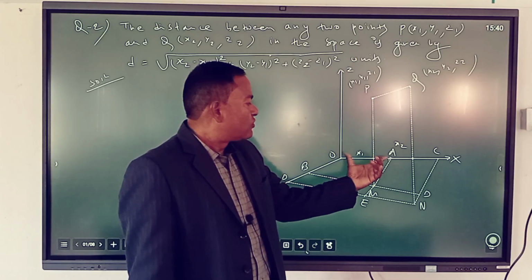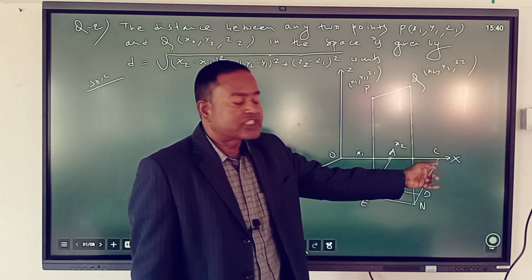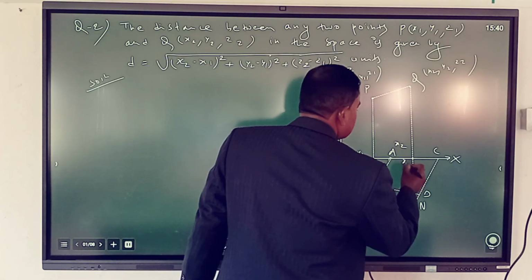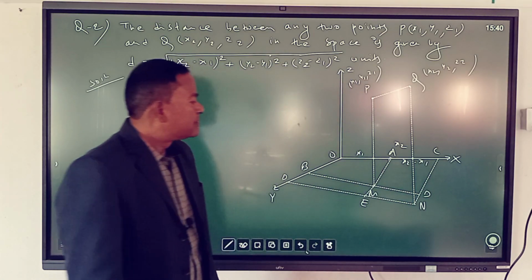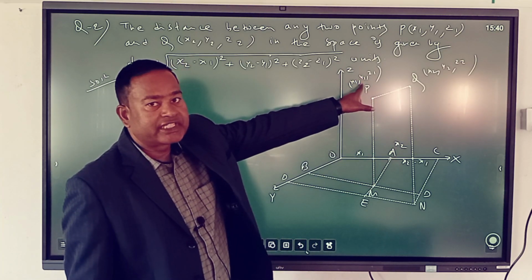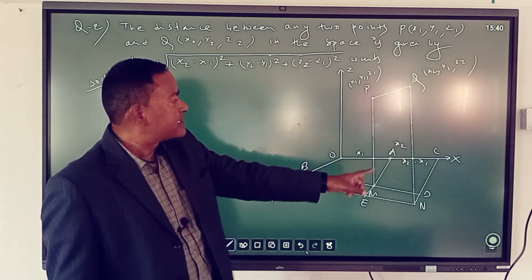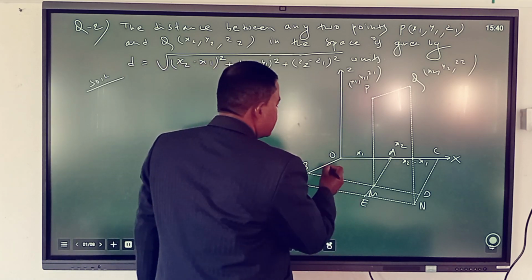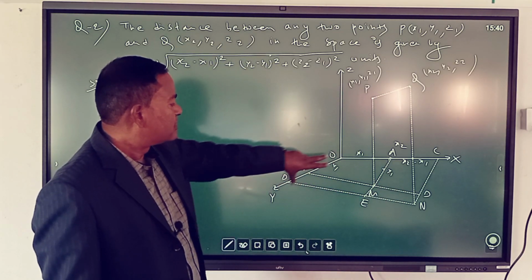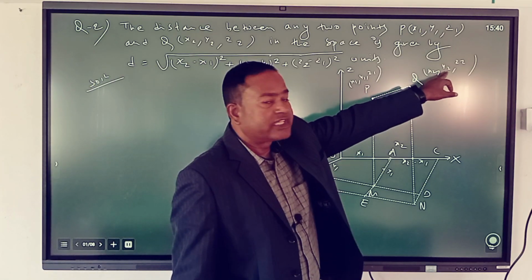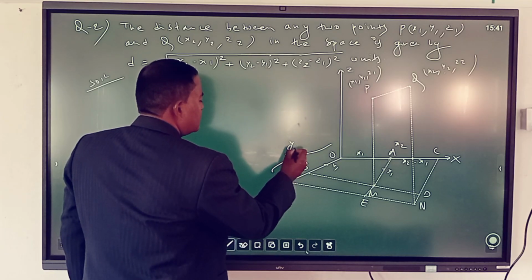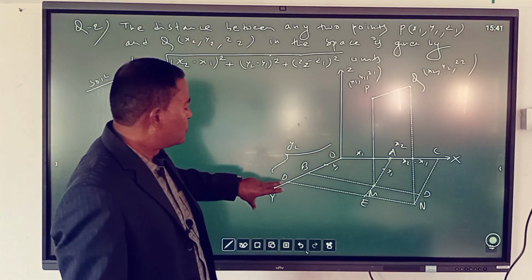If OA is x1 and OC is x2, then the length of AC will be x2 minus x1. Again, OB and AM represent the y coordinate of the first point P, that means y1. OD represents the y coordinate of the second point Q, so O to D we have y2.